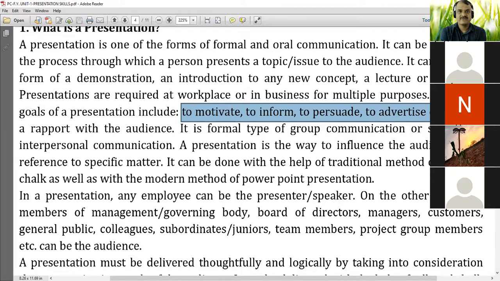Advertising, we know today there is most scope for advertisements, or without advertisements any business cannot achieve progress, right? So many times you have to make people gather, many times you have to make your clients and consumers gather together, whereby you can give information about your products and services.